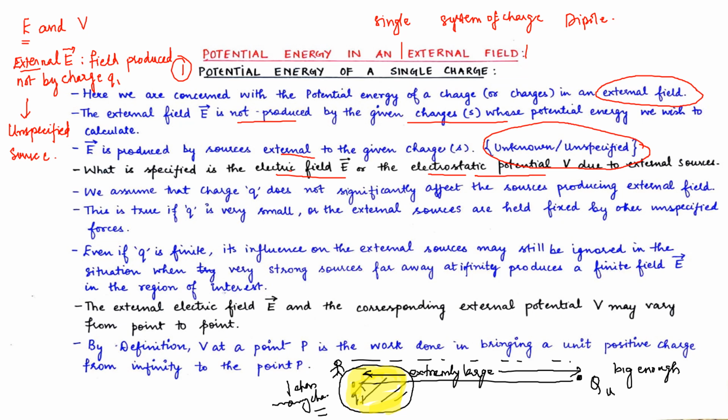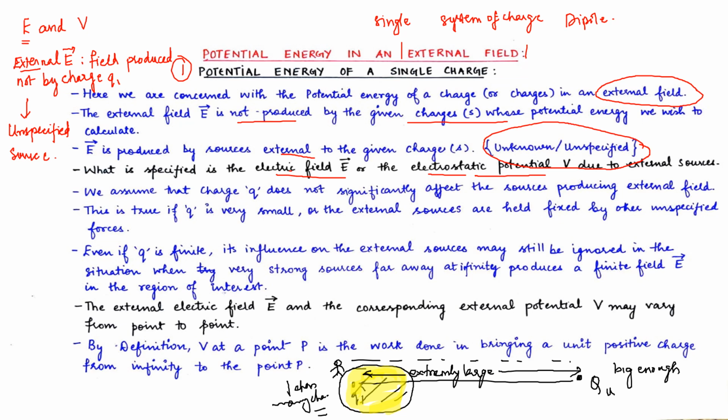We will not be able to see this unknown or unspecified charge because it is extremely far away from our sight. So we told everyone that this charge, which is producing extremely large electric field and electrostatic potential, is an unknown charge.